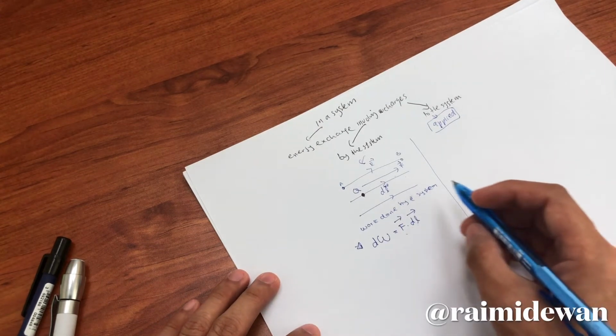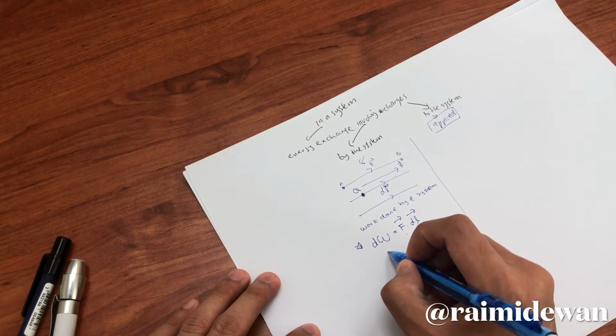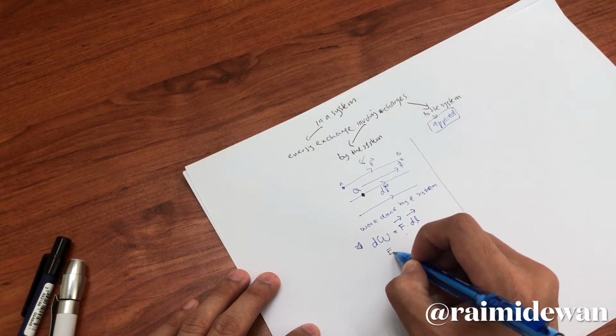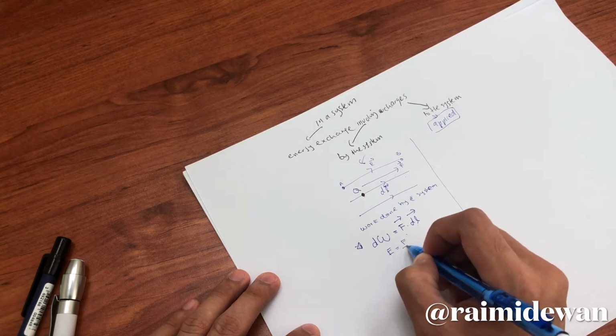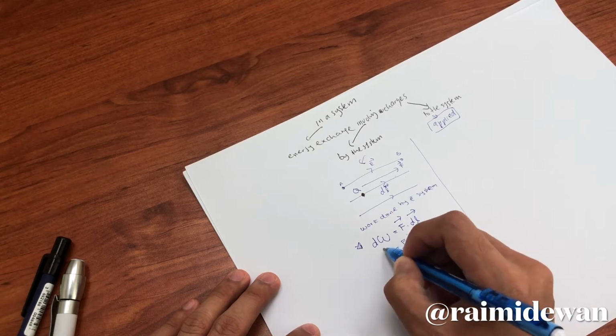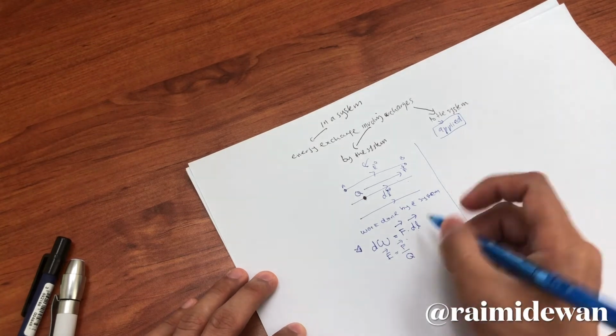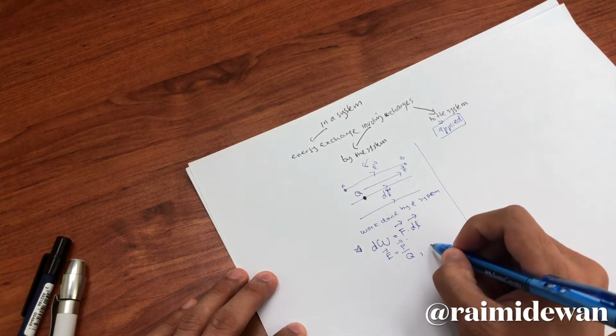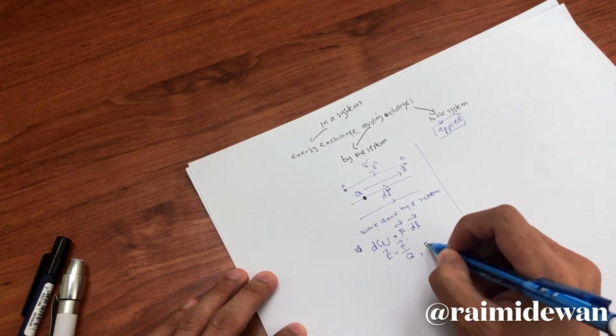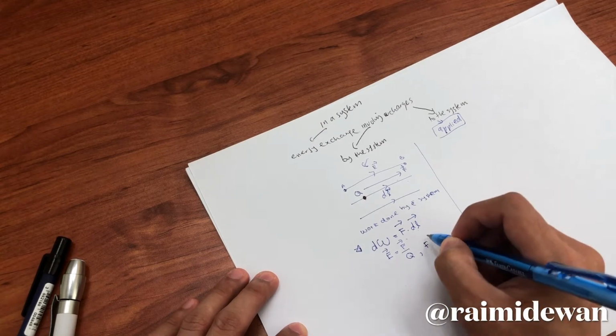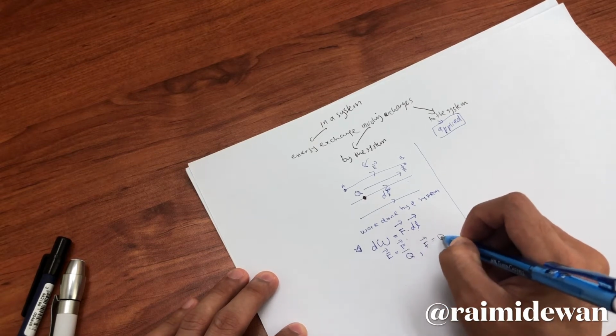In your previous lecture, you know that E equals F over Q. Am I right? Rearranging this, you will have F equals QE.